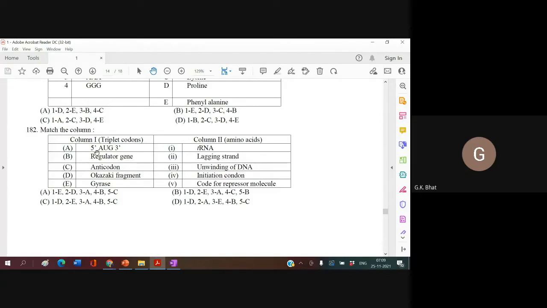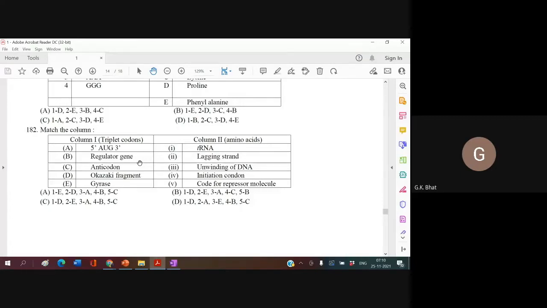ABCD, you just start marking on this. Near A, what can you mark out of this 1, 2, 3, 4, 5? Fourth. A, 4. Then B, fifth one. Then C, first one. D, second one.